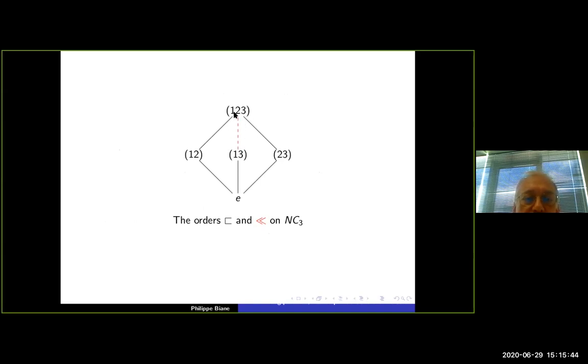This means that here, the absolute order and the Bruhat order coincide on these pairs of elements, but here, 1, 3 is actually the largest element for the Bruhat order in the Coxeter group S3. So 1, 3 is larger than this one in the Bruhat order. So you see that here, there is some distinction inside this, okay?